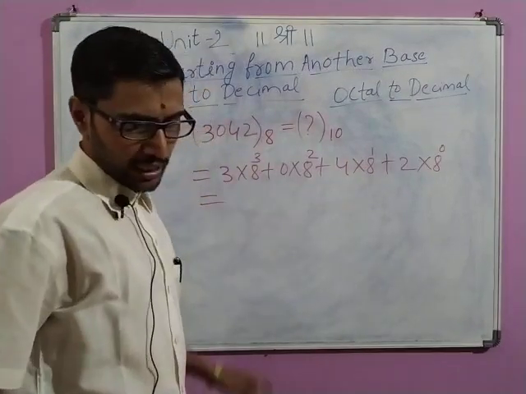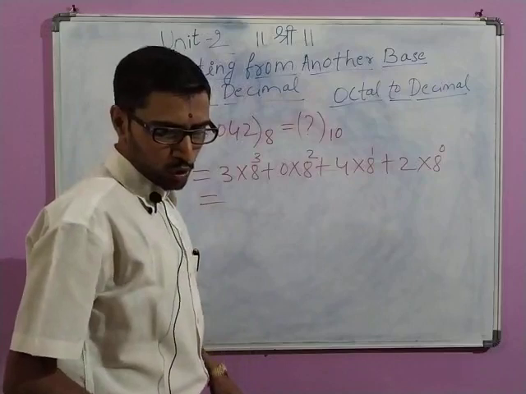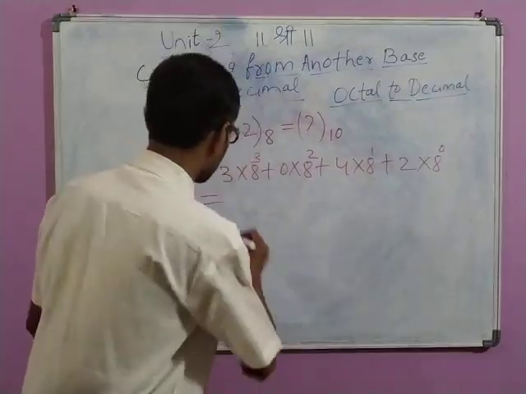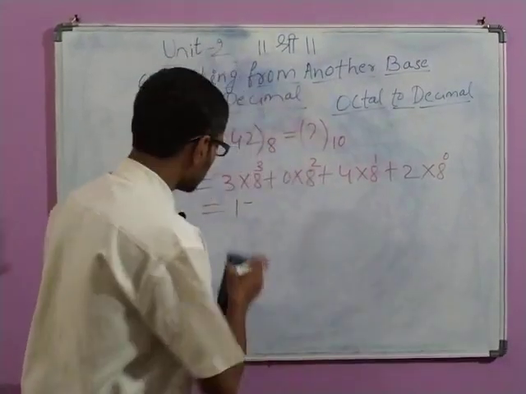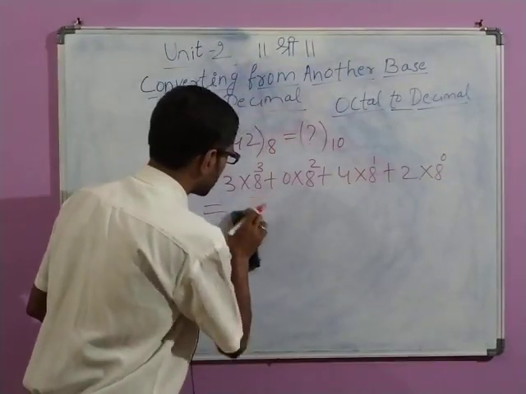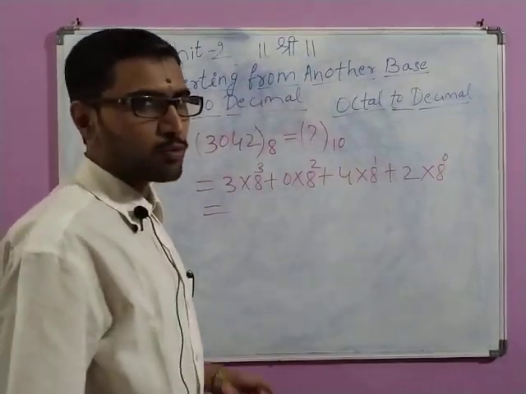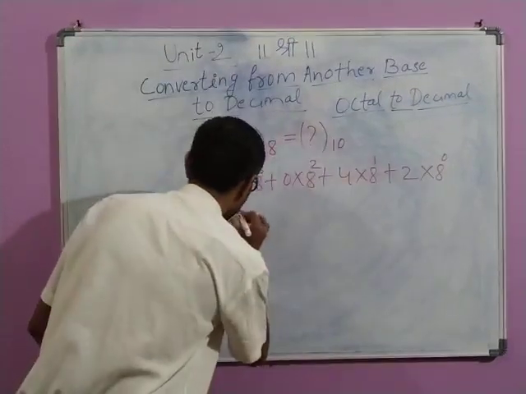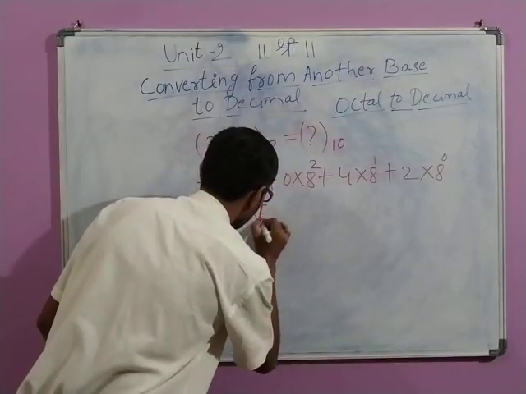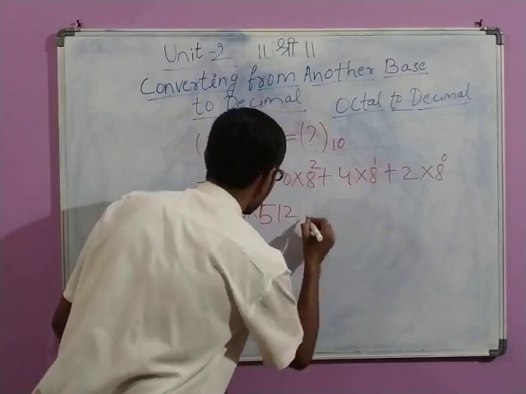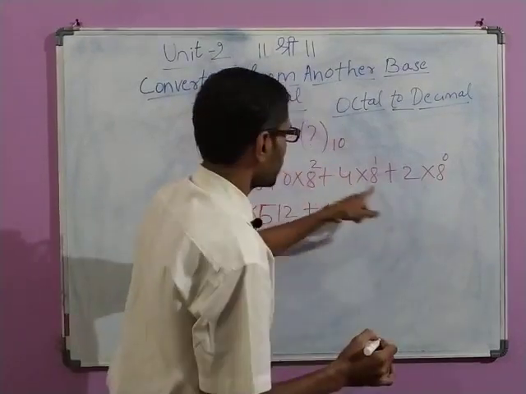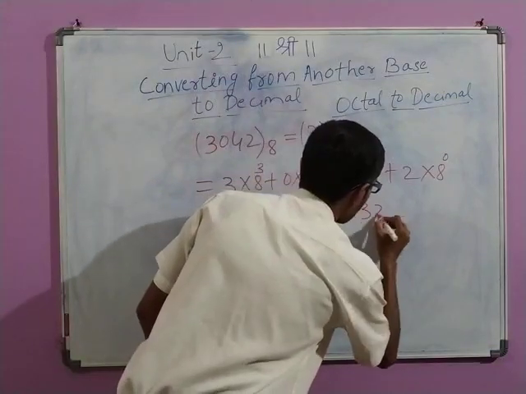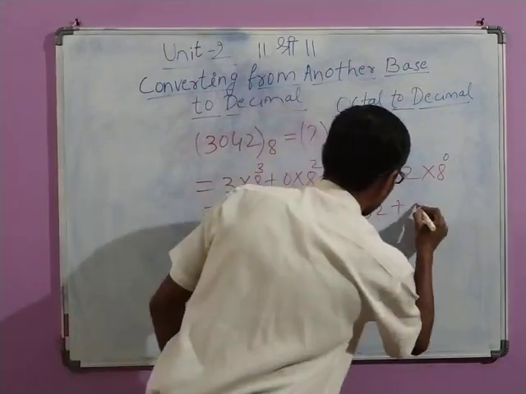8 raised to 3 into 3, if you do that, you are going to get 1536. Or if you want simplification, 8 squared is 64, and 64 into 8 will be 512. So 3 into 512 is 1536, plus 0, plus 4 into 8 is 32, plus 2.